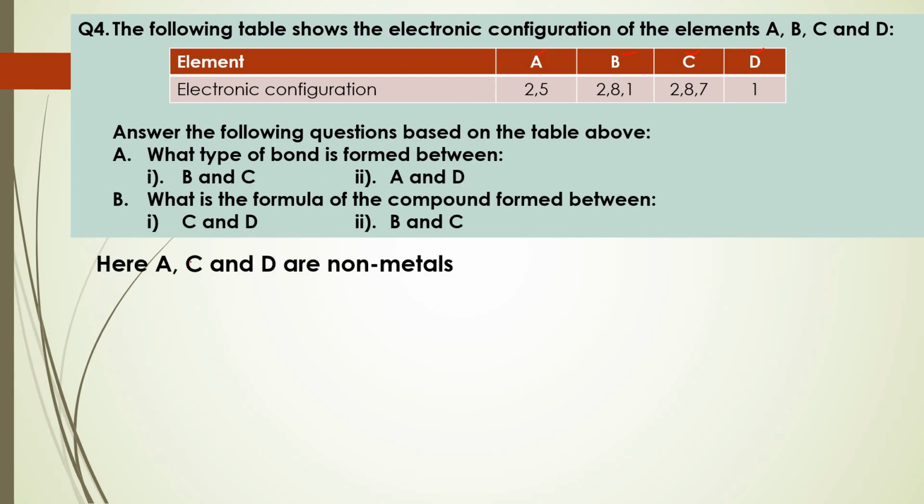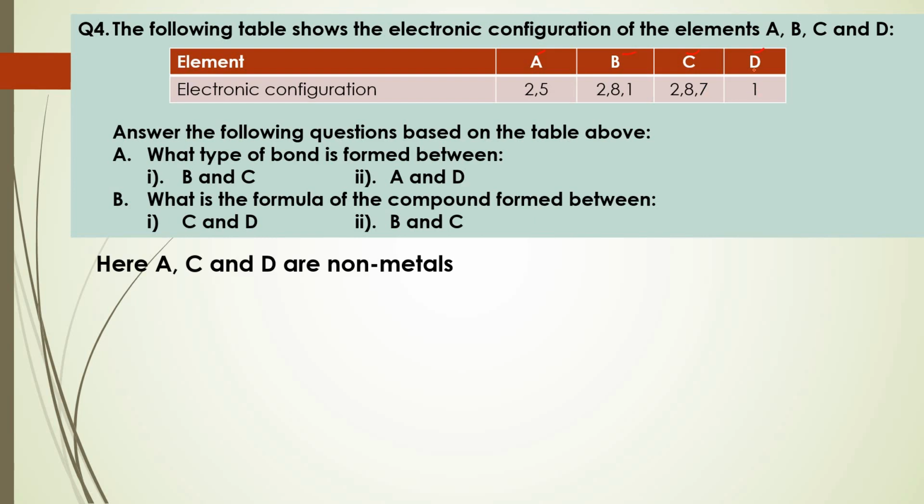Here we can see A, C and D are non-metals by looking at their electronic configuration. This is 5, so group 15. And 7 means group 17.